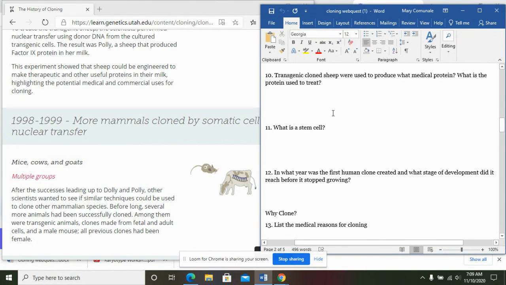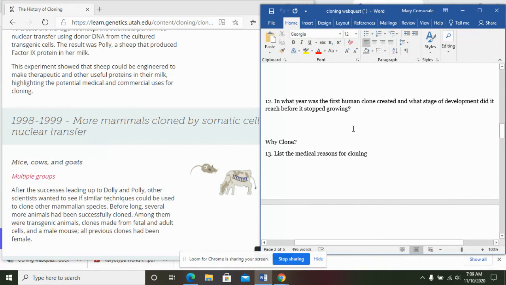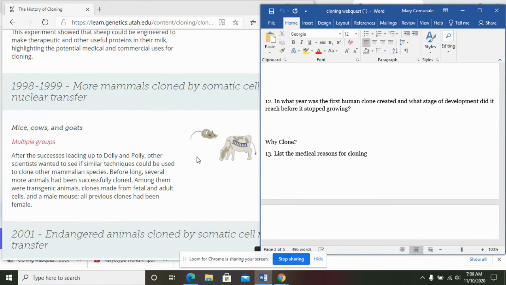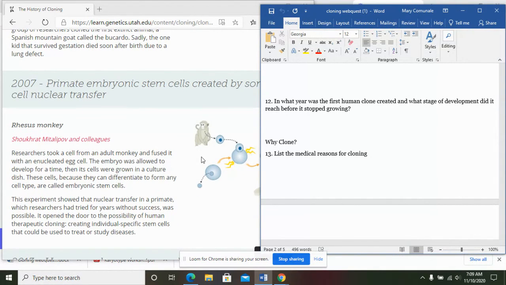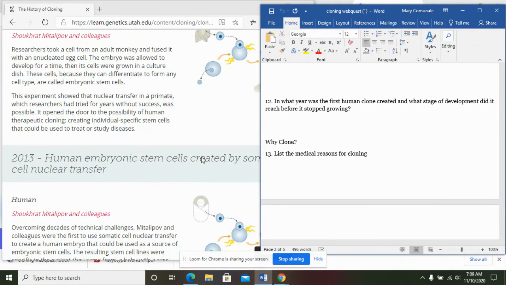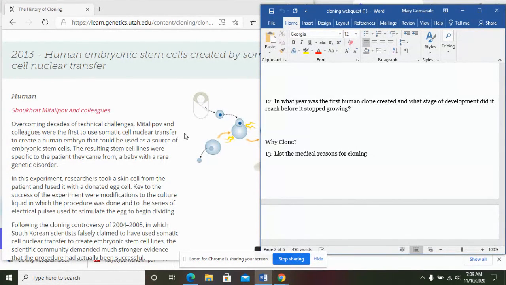What is a stem cell? You guys probably know that one from the last WebQuest that we did. And in what year was the first human clone ever created? In what stage of development did it reach before it stopped growing? So if you didn't know, yeah, they actually did try to clone humans. I don't know that they still do this because it is extremely controversial.